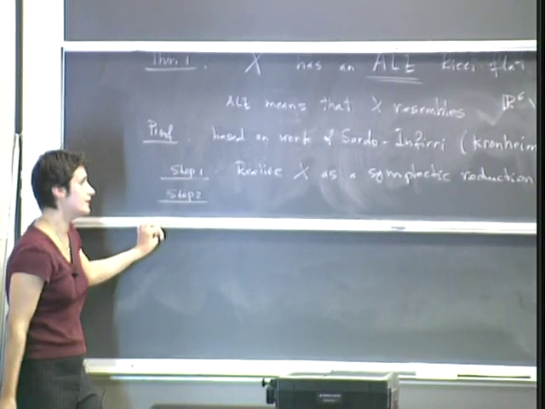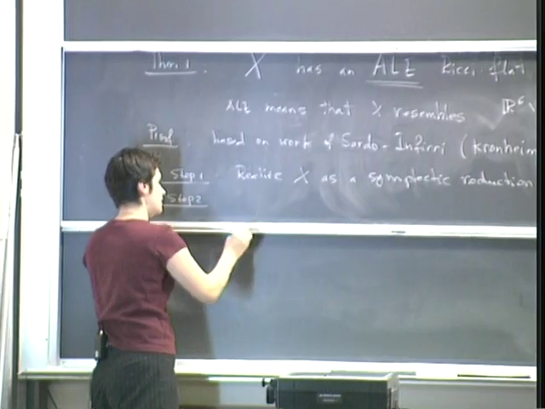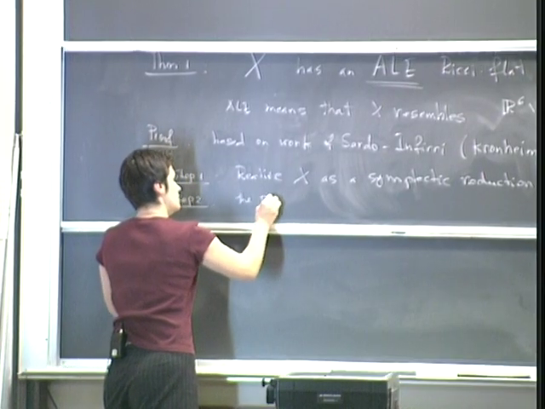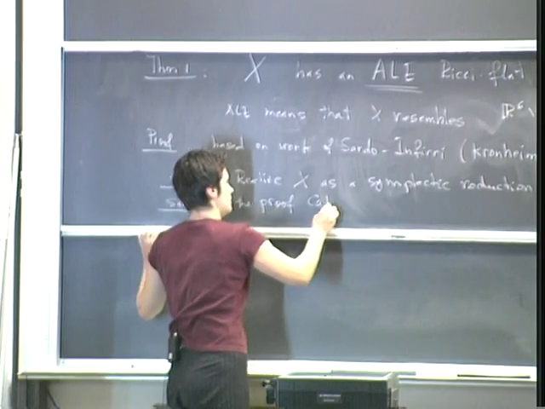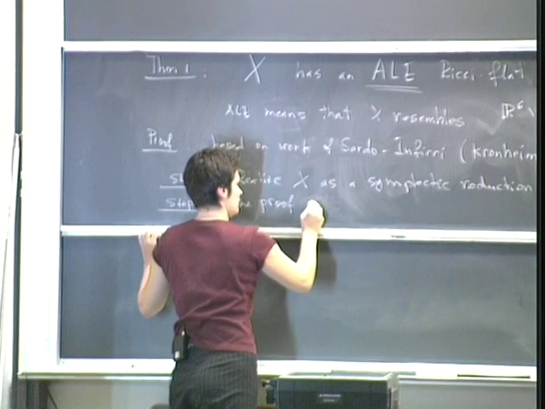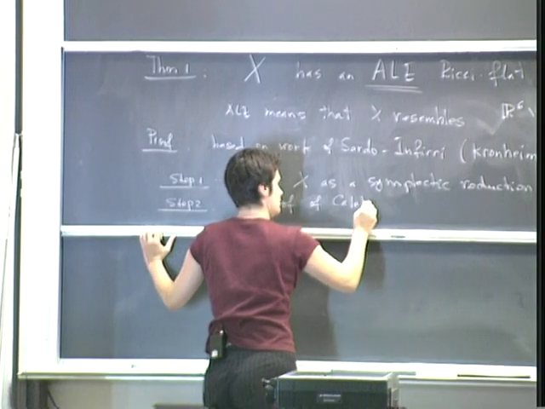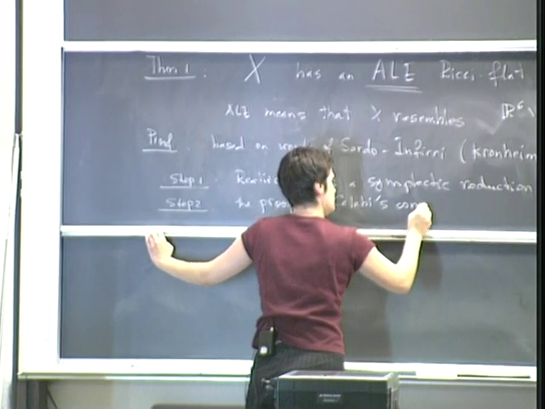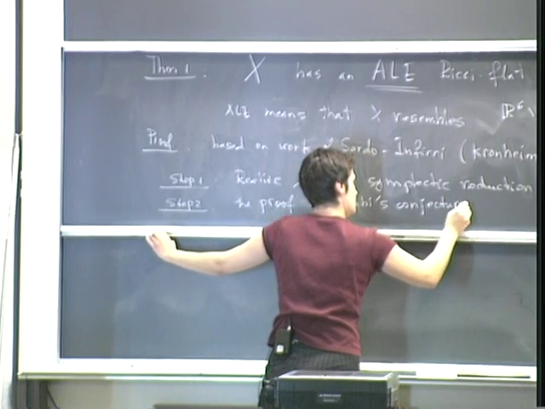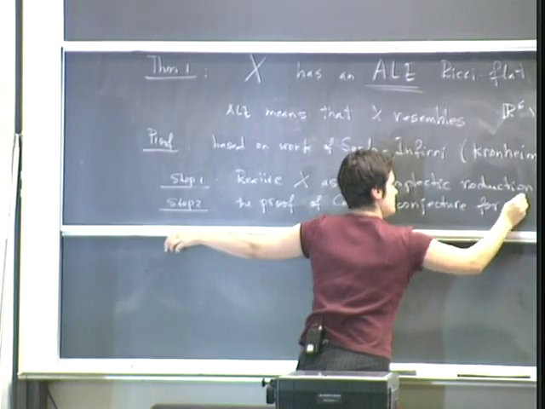use this simplicity reduction and apply the proof of the Calabi-Yau conjecture for ALE manifolds.